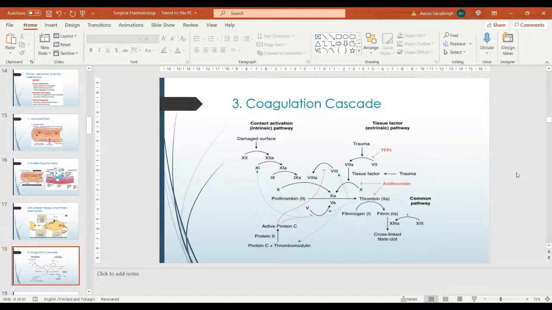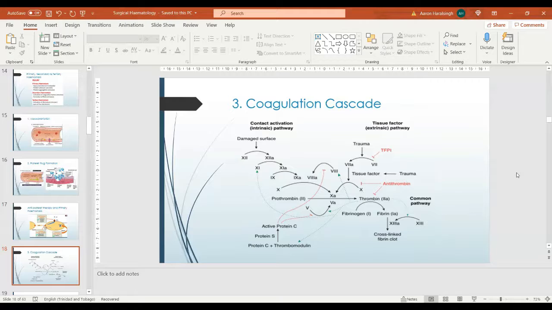And so we'll start with the extrinsic pathway. It starts with some sort of tissue injury or trauma, which leads to the release of tissue factor, and the tissue factor catalyzes the conversion of factor 7 to 7A, and then binds to activated factor 7 or 7A, and that feeds straight into the common pathway to help in the activation of factor 10 to 10A.